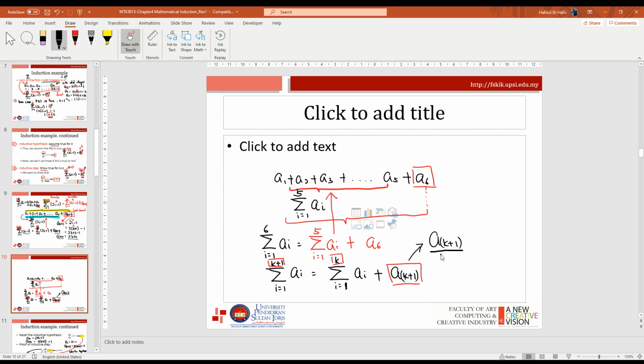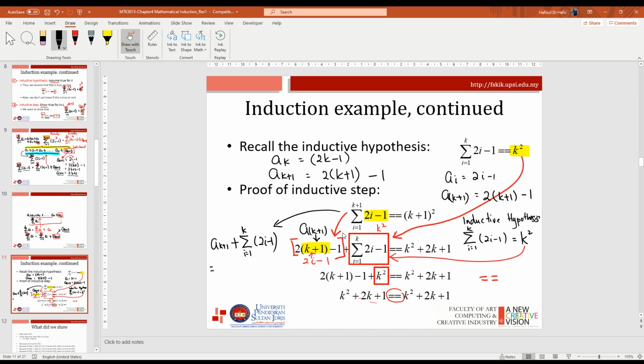We replace it. For a1, a2, a3, we list out. Okay, induction example to be continued. This is to recall the inductive hypothesis. We have ak equivalent to 2k minus 1, and a(k+1) is equivalent to 2(k+1) minus 1.